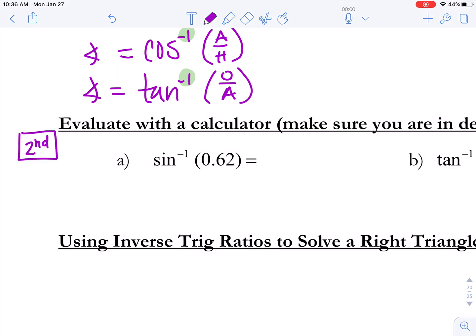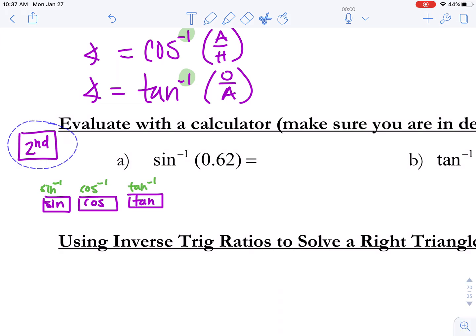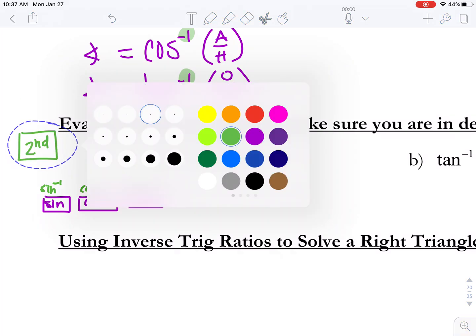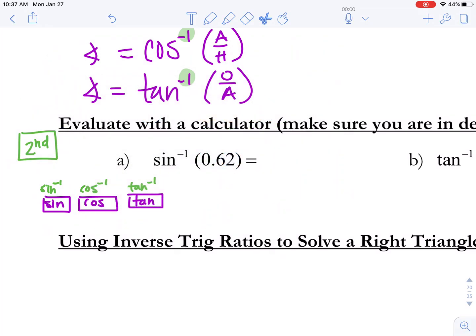Then if you look lower where you have your sine, cosine, and tangent buttons, written on the calculator above it, usually in a different color, are your inverse buttons. So they'll have inverse sine, inverse cosine, inverse tangent. And in order to get those inverse functions, you have to press the second button first.